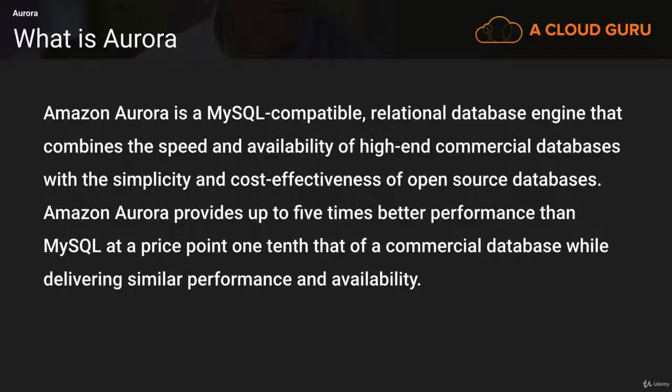So what is Aurora? Well, it's a MySQL compatible relational database engine that combines the speed and availability of high-end commercial databases with the simplicity and cost effectiveness of open source databases. Amazon Aurora provides up to 5 times better performance than MySQL at a price point that's 1/10 of that of a commercial database, while delivering similar performance and availability. So when this was first announced, they were saying it's a big challenge to Oracle, and it really is.